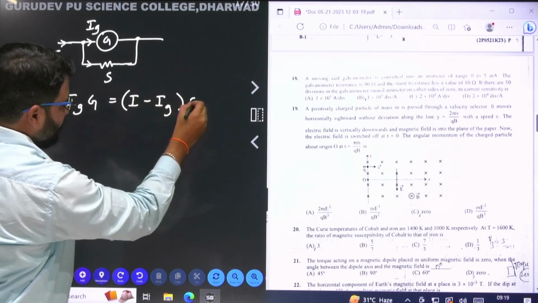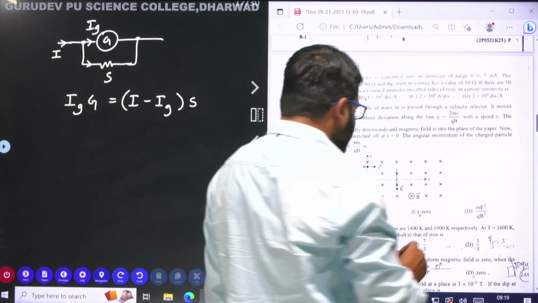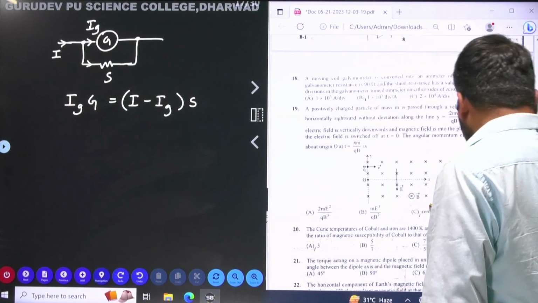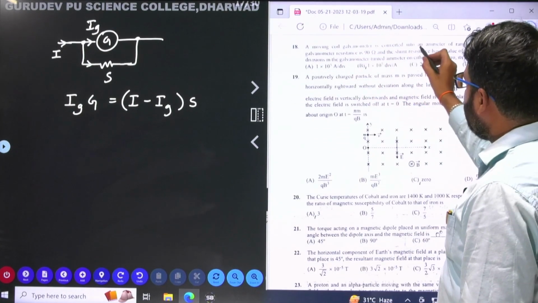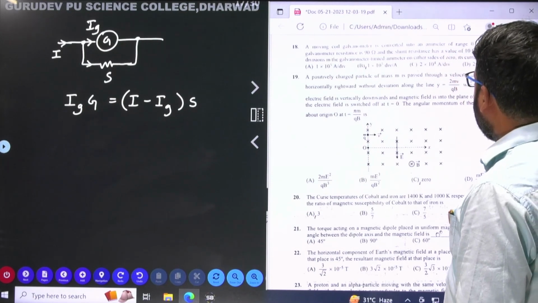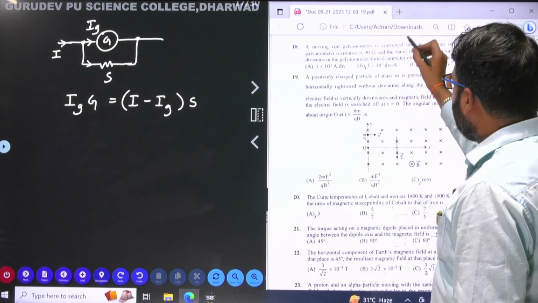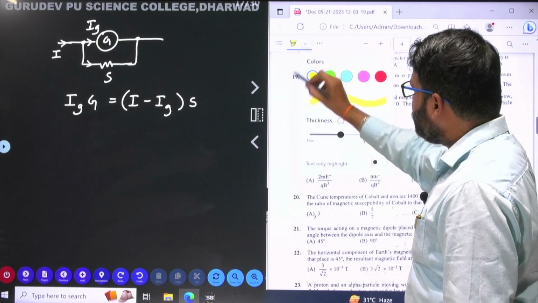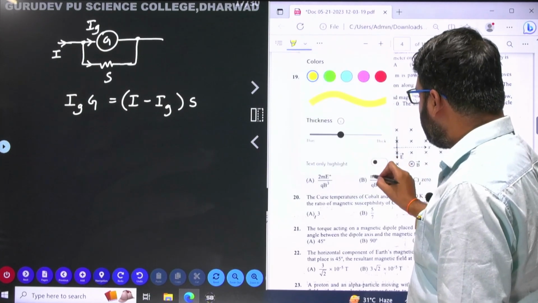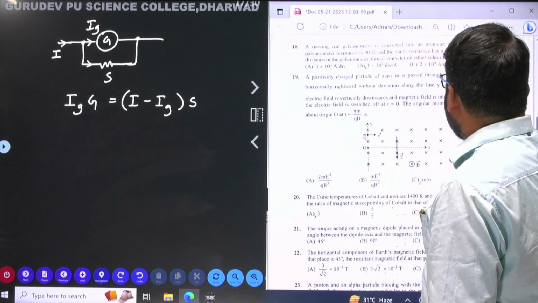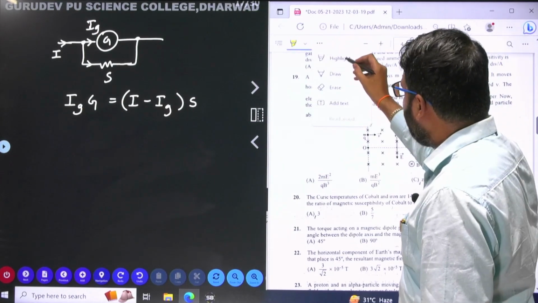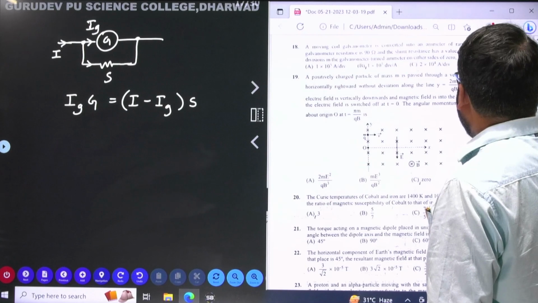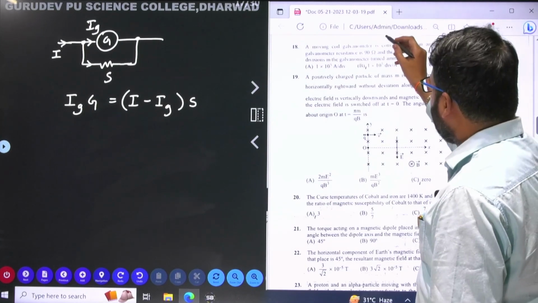into S. So let us check the values given in the question. A moving coil galvanometer is converted into an ammeter of range. How much is the range? The range is 5 milliamperes.